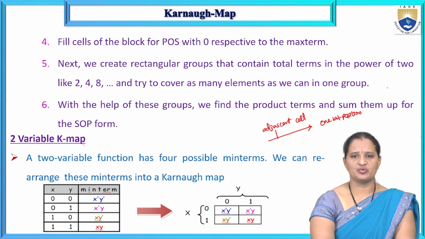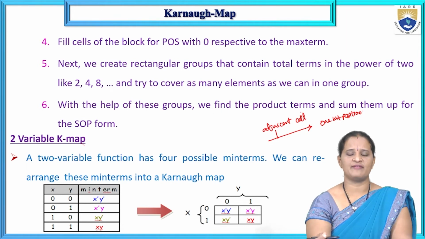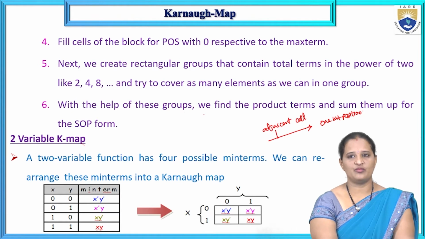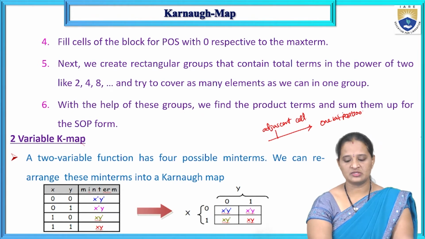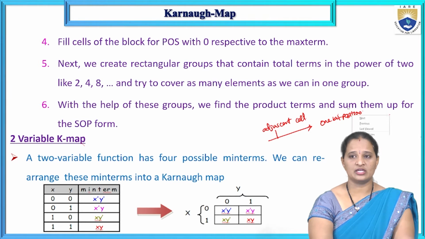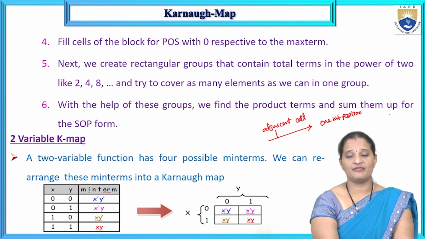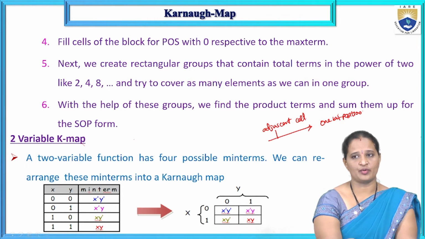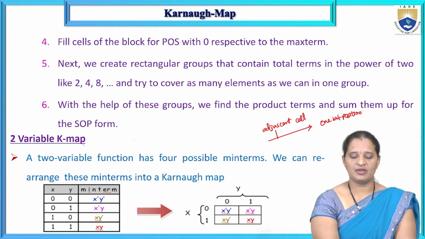Now, why do we need to group and what are we going to do after grouping? With the help of these groups, we can find the product terms and sum them up for SOP form. Similarly, we can also find the sum terms and take their product for POS form.